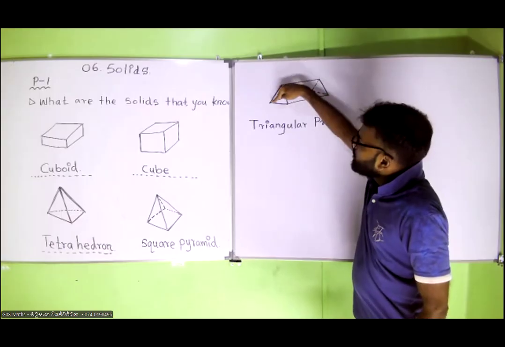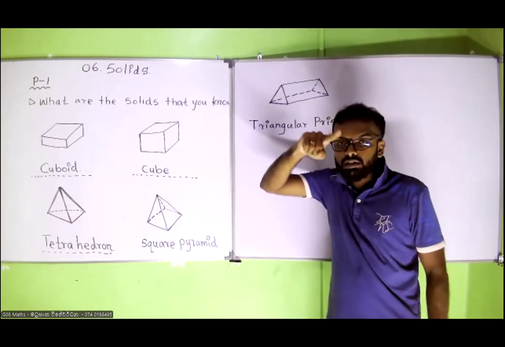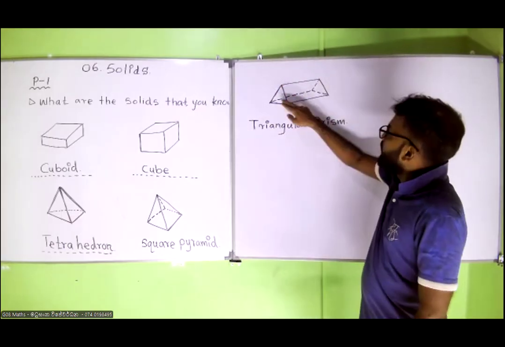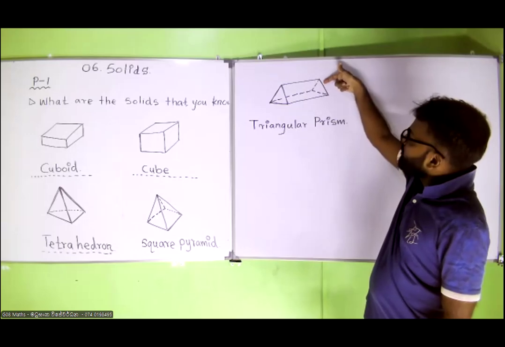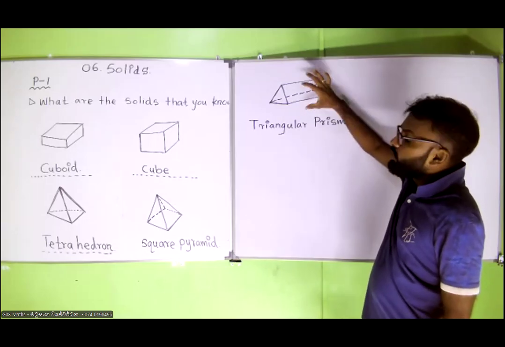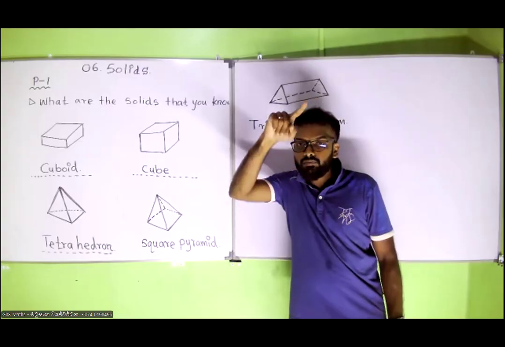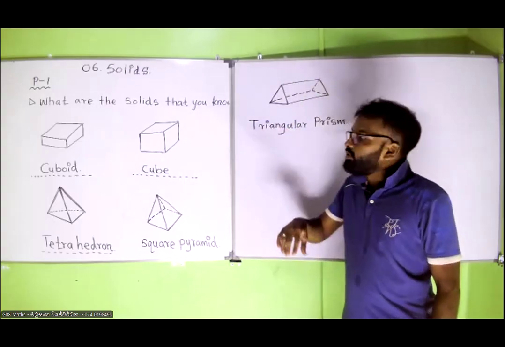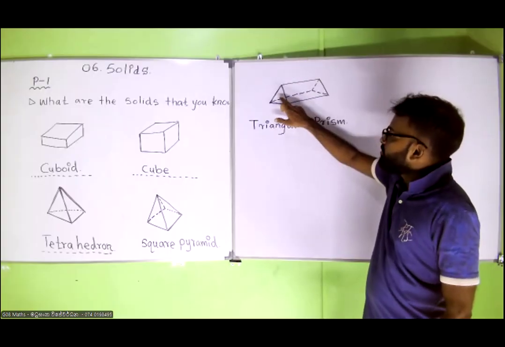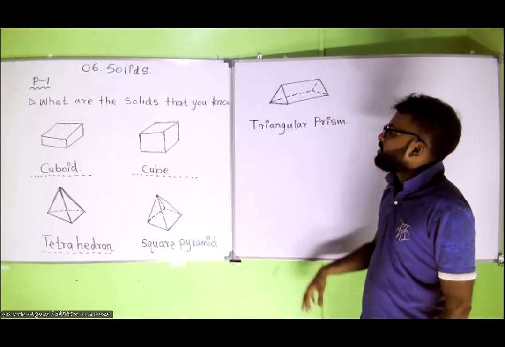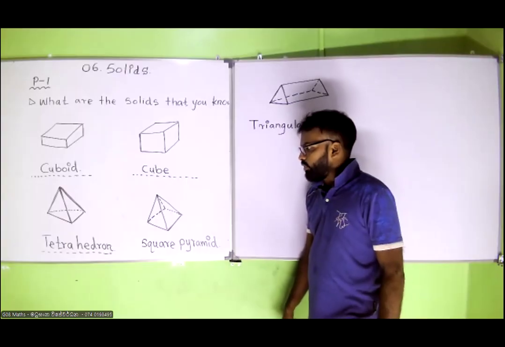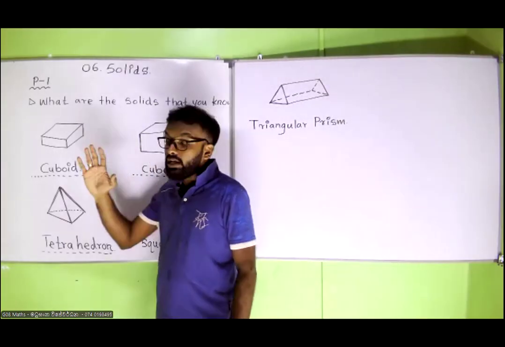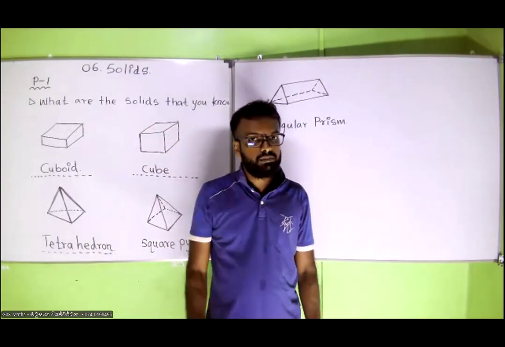This side is the shape of a triangle, and the other side is also a triangle face. So this is called a triangular prism. These are the things that we learned in grade 7.